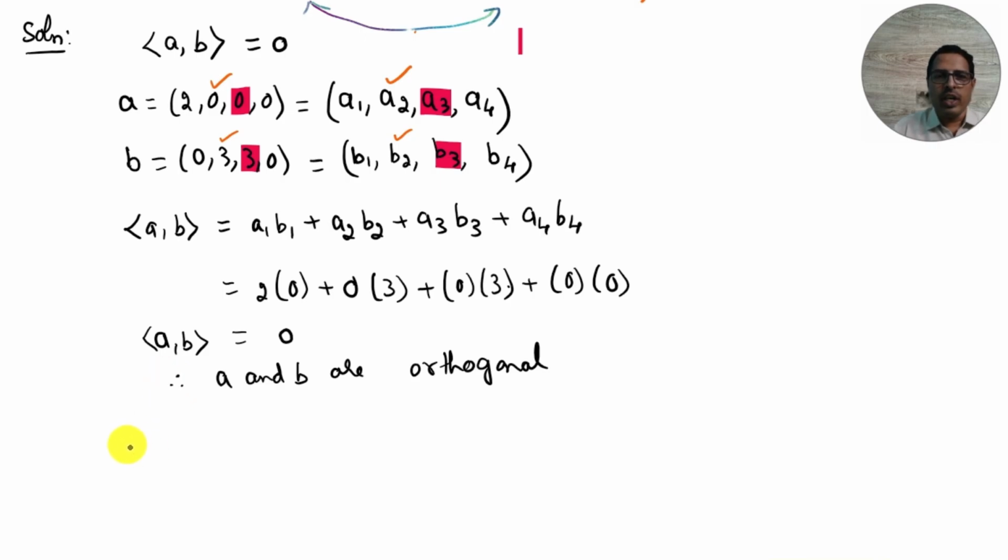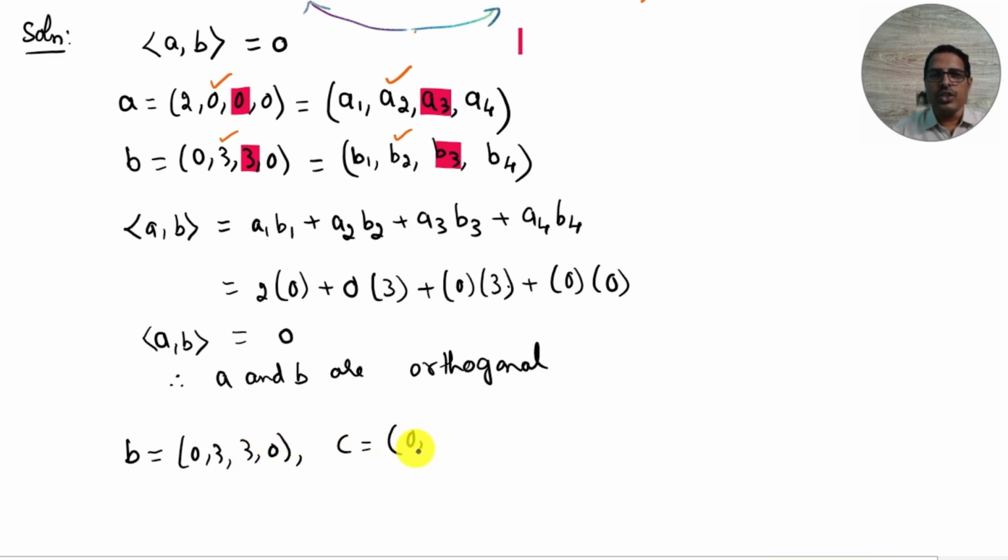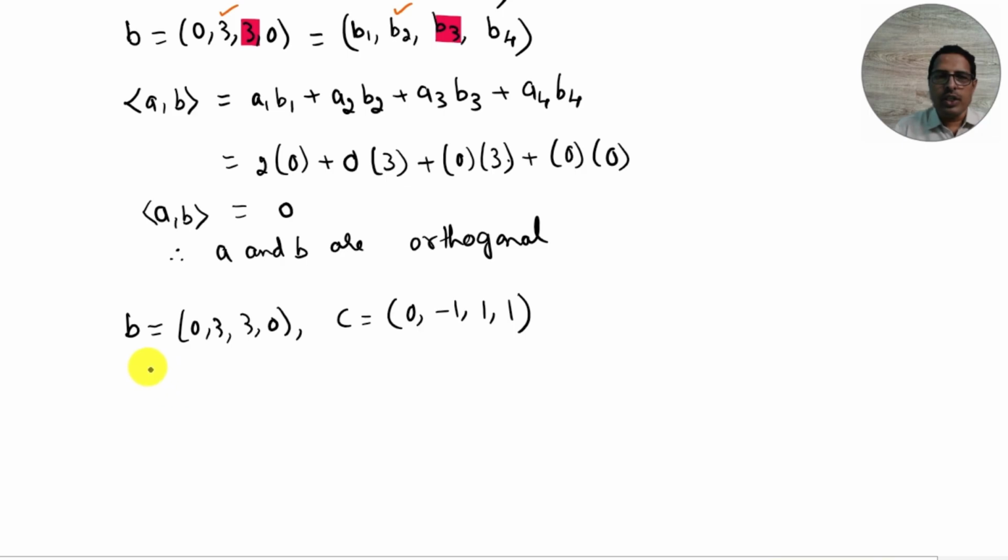Now let us take B. The vector B is 0, 3, 3, 0. And what is the C value? C is 0, minus 1, 1, 1. Now I have to show that the inner product BC is equal to 0.